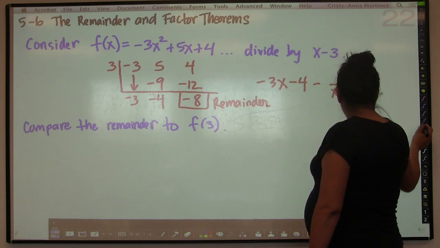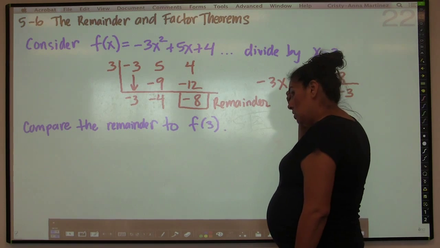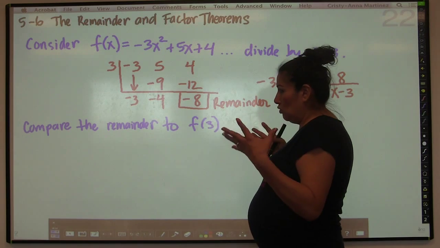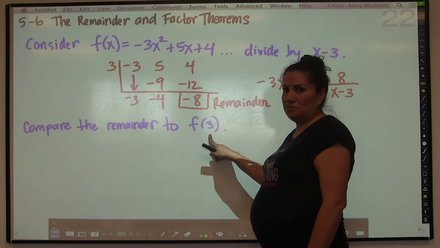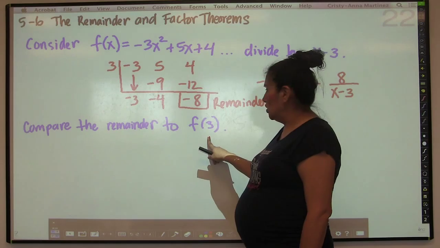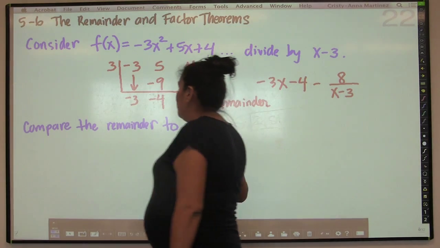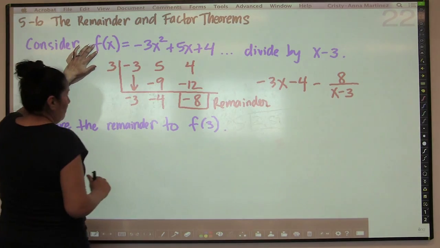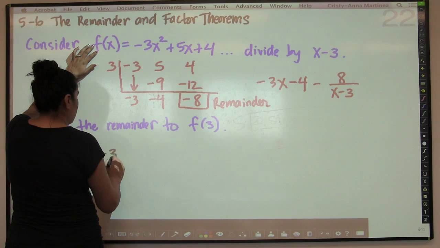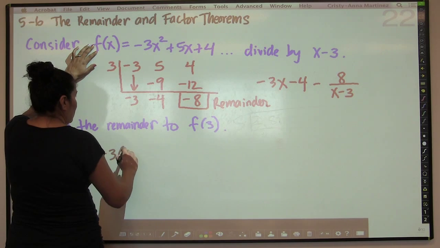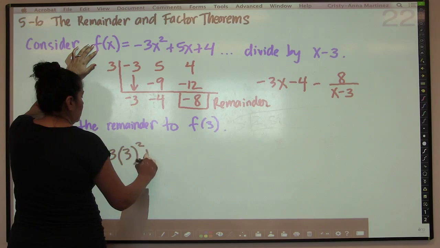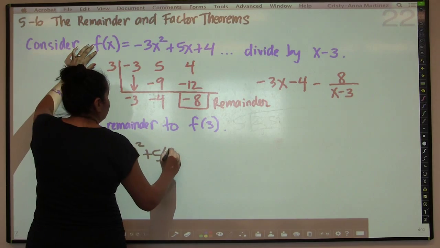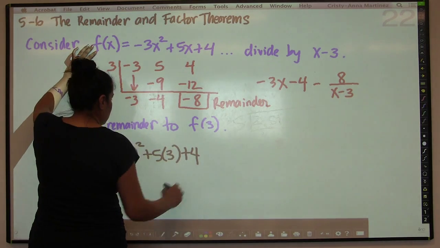I don't know if you are aware or if it's hitting you right now that f of 3 just basically means evaluate the function when x is 3. So I take my function f of x, negative 3x squared plus 5x plus 4, and replace all the x's with a 3 and evaluate.